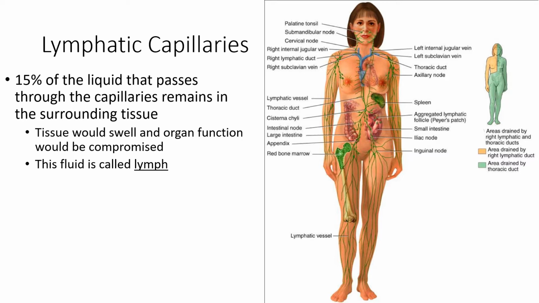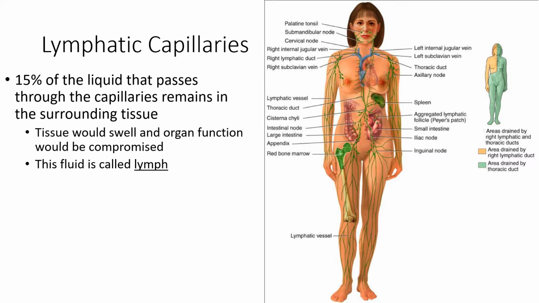So the lymphatic capillaries are going to pick up that fluid, that lymph, that is left behind from what's in your capillaries. It's a perfect little recycling system that is going to pick up what is left over, and carry it to the various lymphatic vessels that it needs to go to.